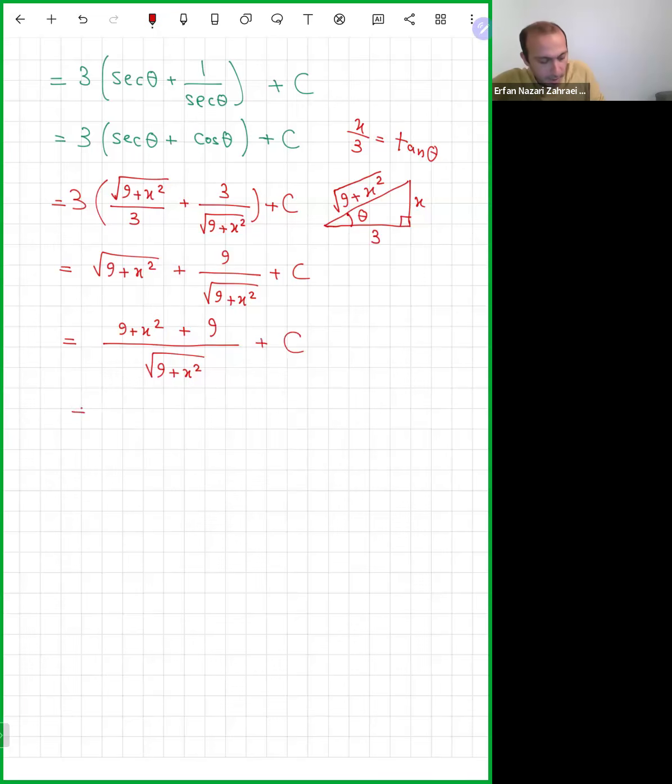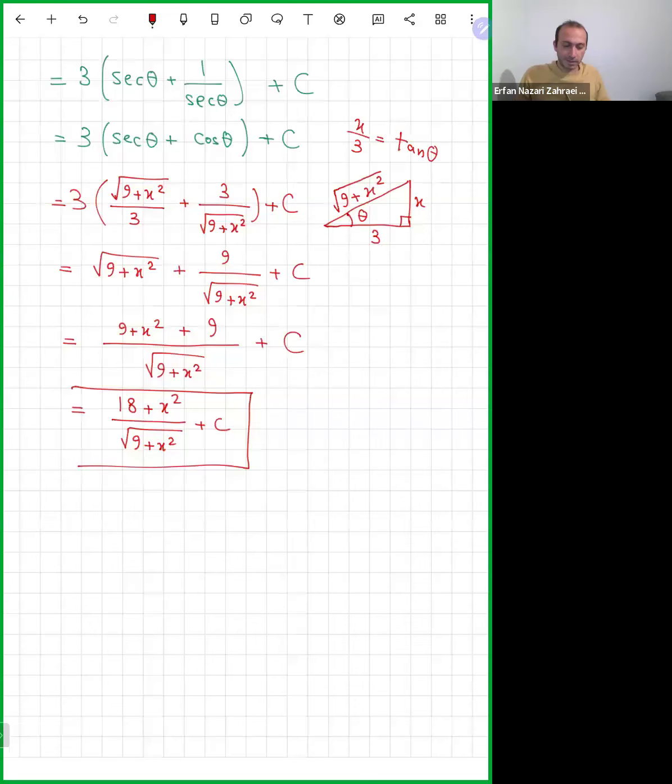Plus c, and 9 plus 9 is 18, plus x squared over root 9 plus x squared plus c. So the most simplified version of the answer is this.